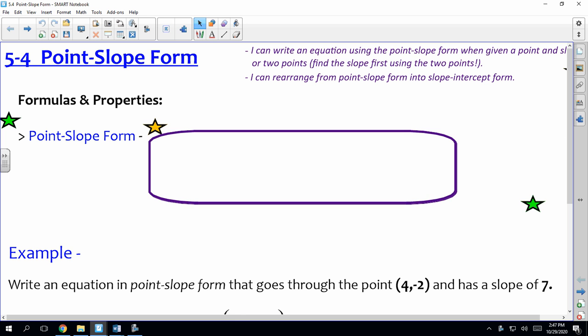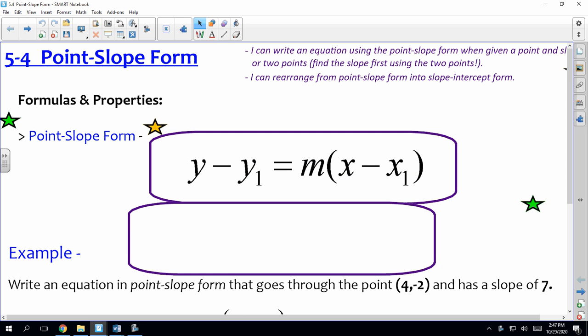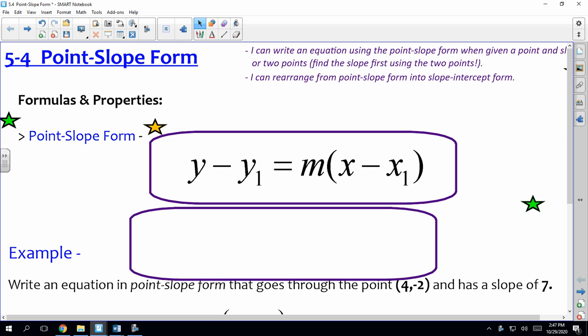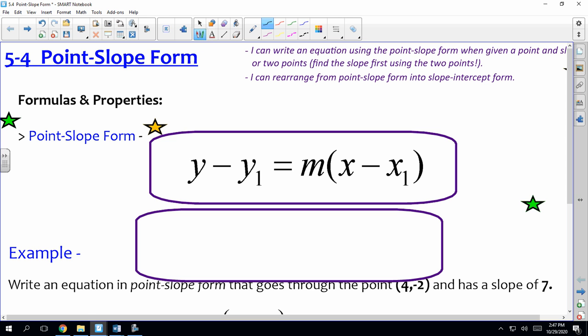We've got point slope form is y minus y sub 1 equals m times x minus x sub 1, where the x1 and y1 represent a coordinate that the line goes through. So this x sub 1 here and y sub 1 here would be written like this.